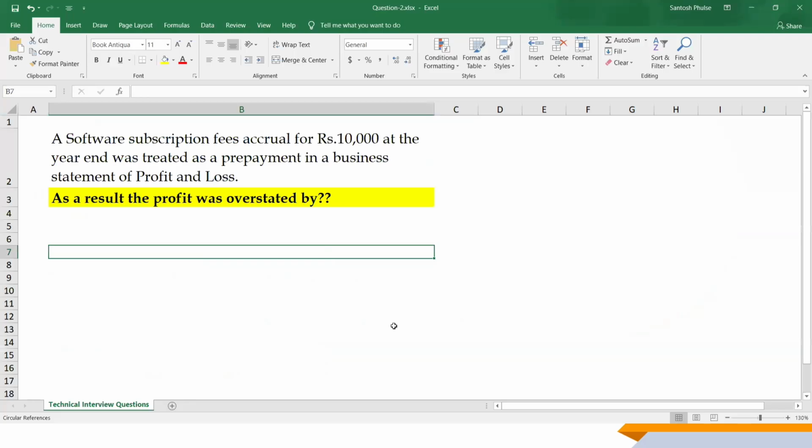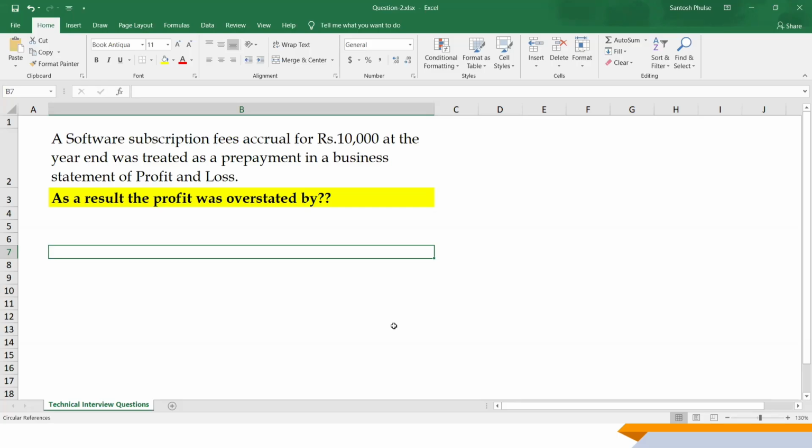What do we have? A software subscription fees accrual for rupees 10,000 at the year end was treated as a prepayment in a business statement of profit and loss. As a result, the profit was overstated by how much? In your business, you have a profit, and the issue is with a software subscription fees accrual of rupees 10,000.